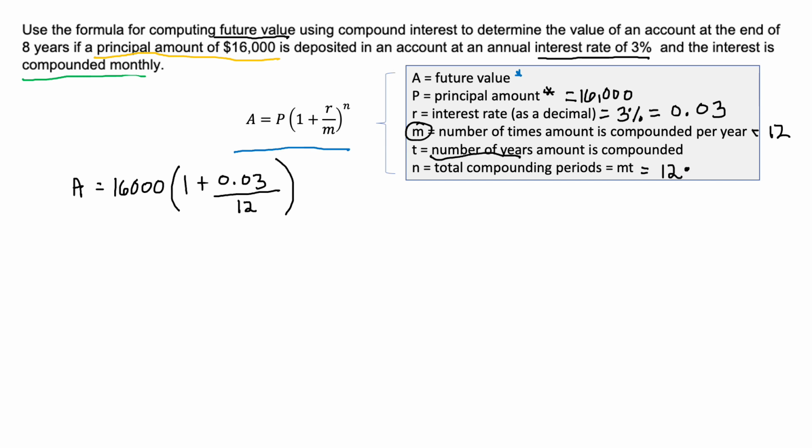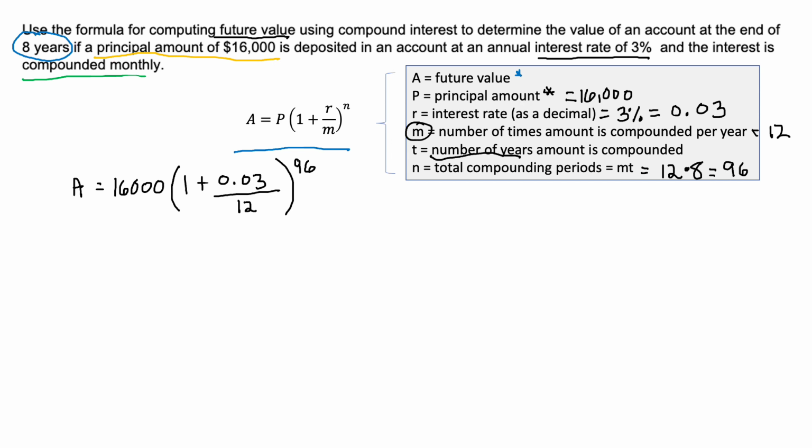So we'll go back to our problem, and this tells us that we're going to compound the amount for 8 years. So my value for N is 12 times 8. And 12 times 8 is 96. So N is 96.